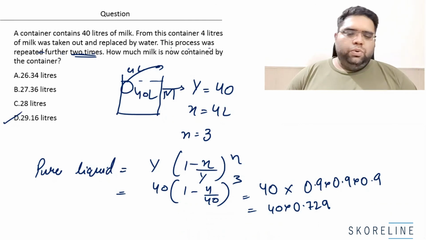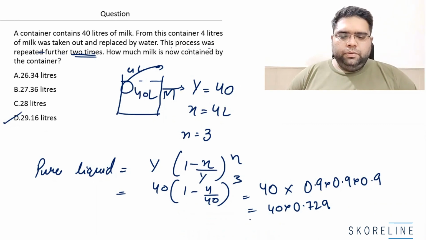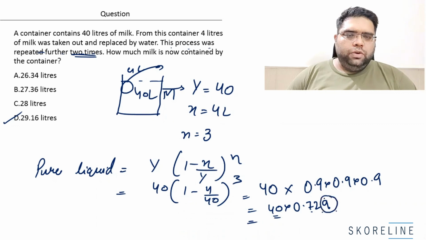But if you do not want to multiply, here is a calculation shortcut that I'm telling you. This is 729, this is 40. You have 9 at the unit place. 9 when multiplied with 4 will give you 6 at the end. It may not be in the unit place, but there will be 6 at the end.